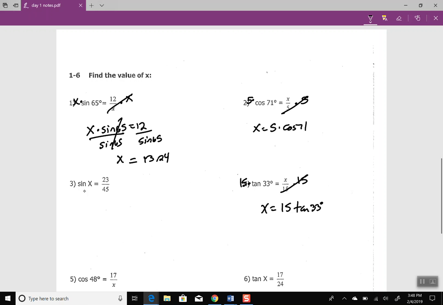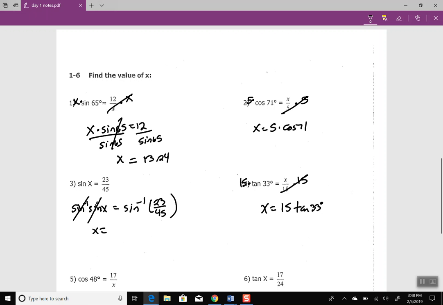This one, to get that angle by itself, I have to do the inverse. So to get rid of this function sign, I have to do the inverse of that sine function. So I'm going to take the inverse on both sides to break that apart. The inverse and the sine function cancel each other out.